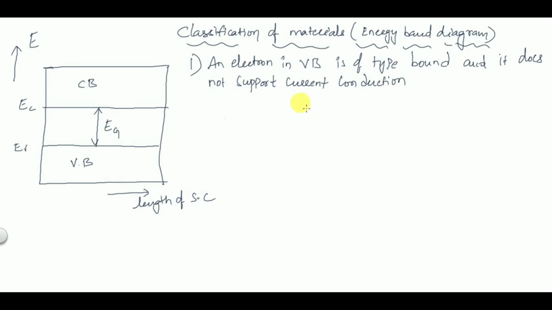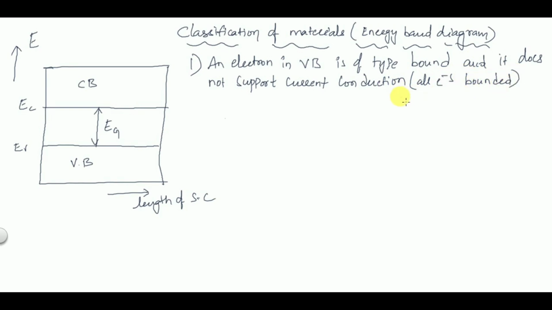In a given semiconductor, before breaking of covalent bonds, all the electrons are tightly bound to the nucleus.